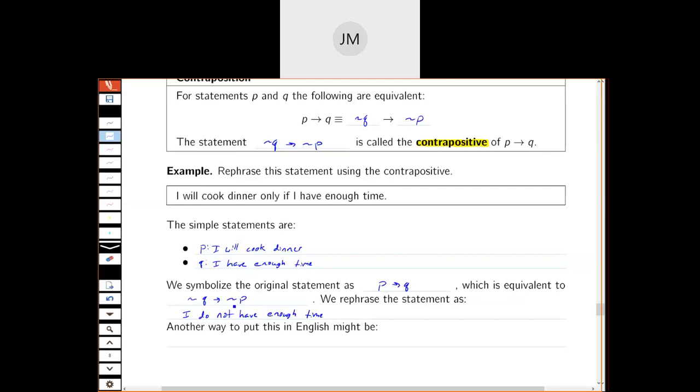Not P is I will not cook dinner. I like to write my if-then statements with an if and a then. So if I'm doing not Q first, I'll write if not Q, then not P. So if I do not have enough time, then I will not cook dinner.